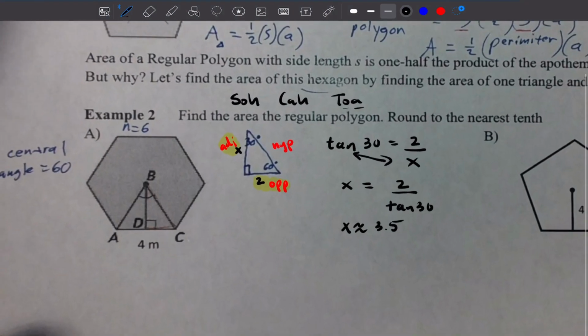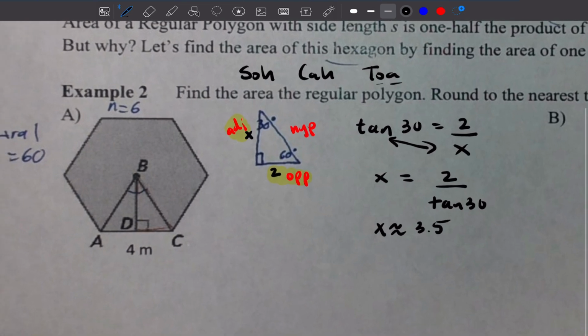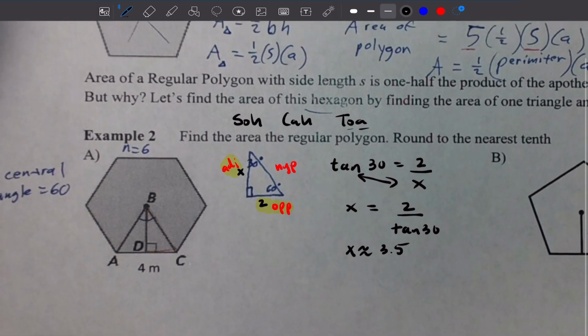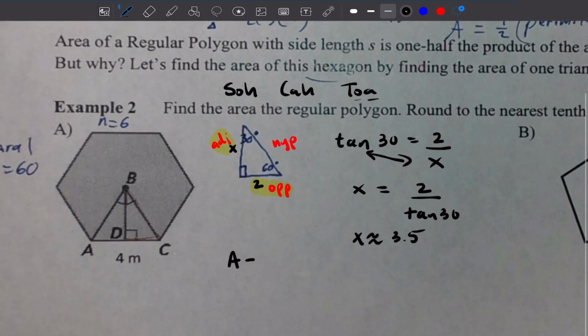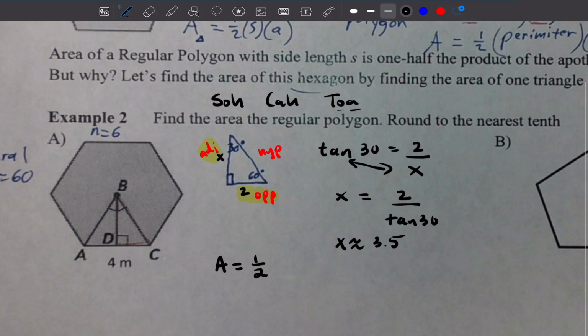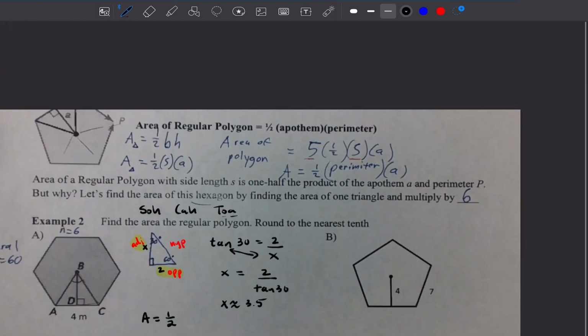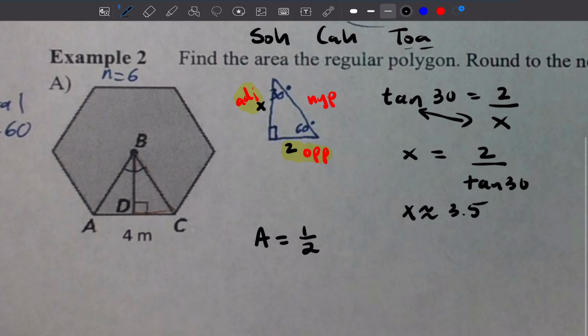To find the area of the regular polygon, it's A equals 1/2 the perimeter times the apothem. This side is 4 meters, and these sides over here are also 4 meters. So 4 times 6 is 24, so the perimeter is 24, and I multiply that by 3.5.